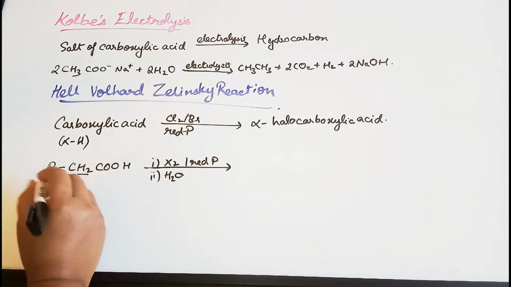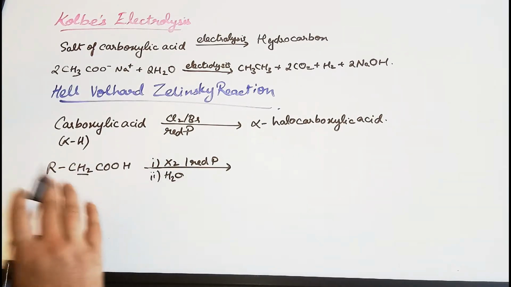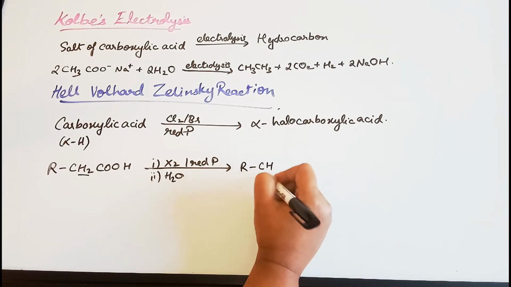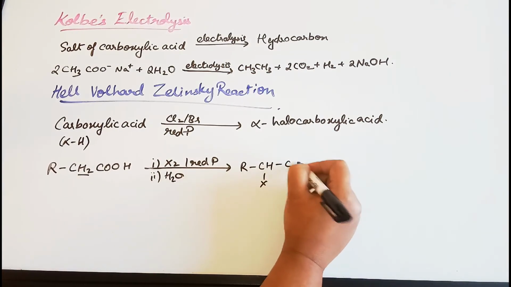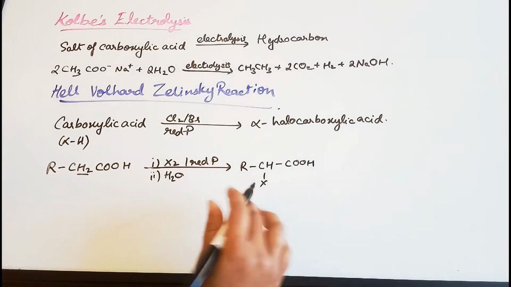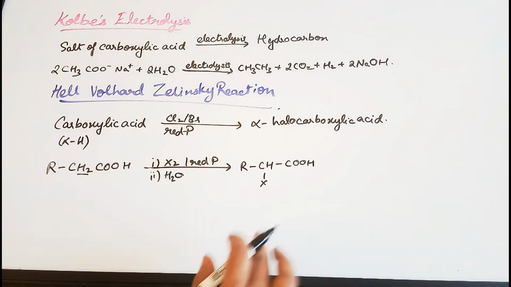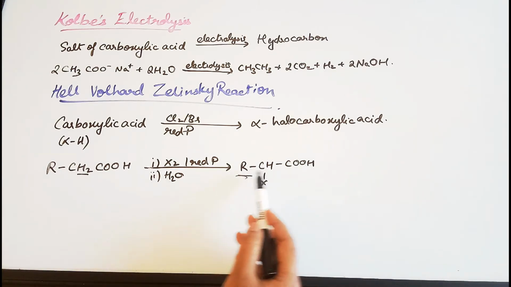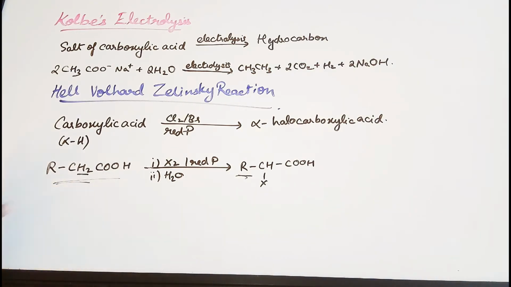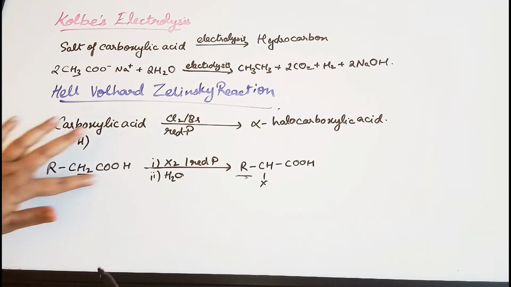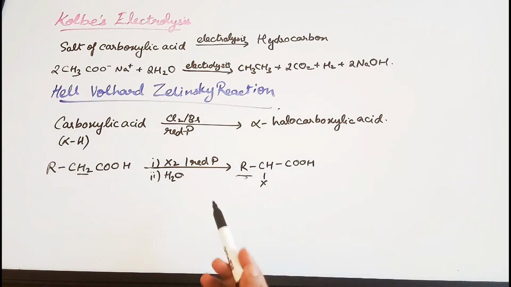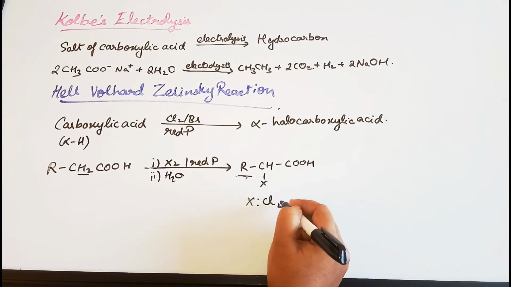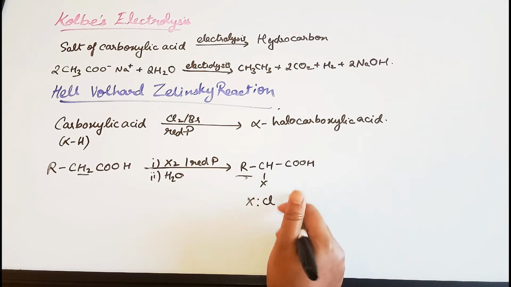So basically one of the alpha hydrogens is going to get replaced by a halogen. So RCHXCOOH, and this is called alpha-halocarboxylic acid. So this R can be a hydrogen, then the starting material would have been ethanoic acid or acetic acid, or it can have any number of carbon atoms. That R we know. X is either chlorine or bromine.